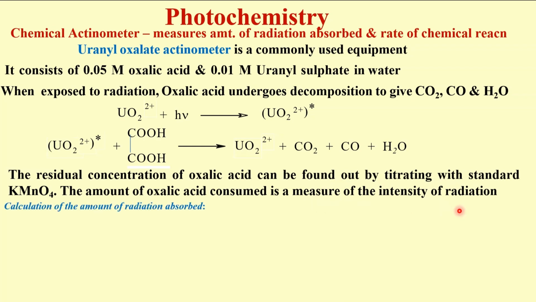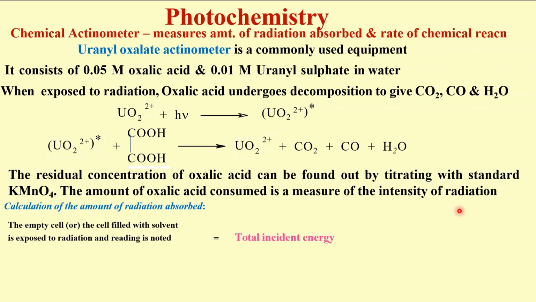The calculation of the amount of radiation absorbed is done like this. We take the cell which is empty or filled with the solvent and expose it to radiation, and after that the reading is noted down. This gives the total incident energy. The cell is filled with reactants and then irradiated, and again the reading is noted down, and that gives the residual energy.